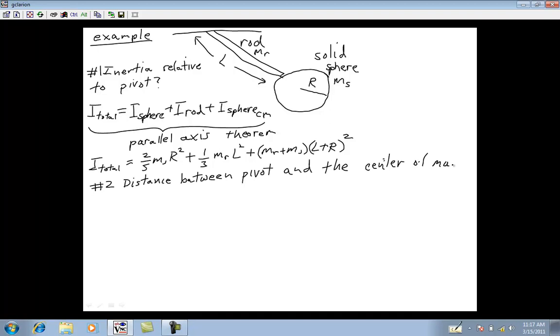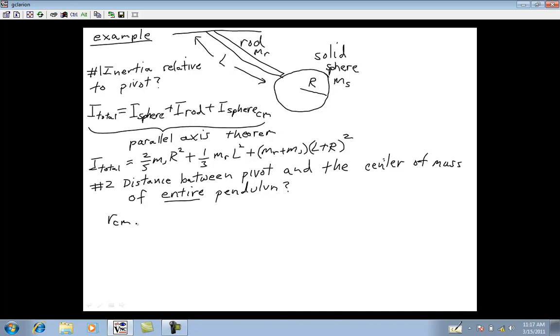So we're going to apply the center of mass equation.